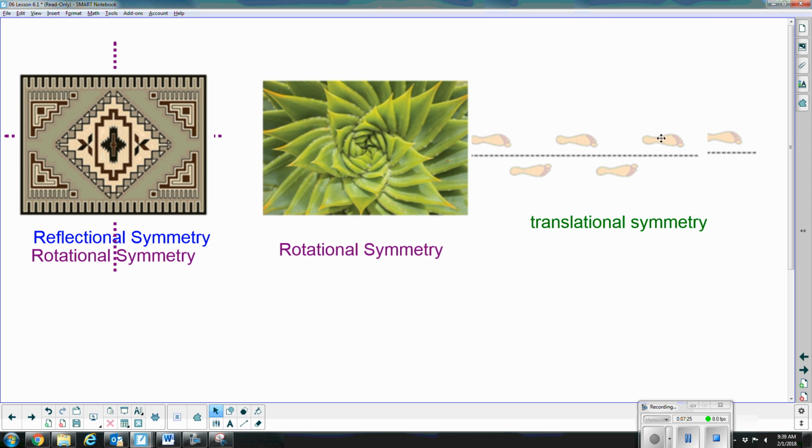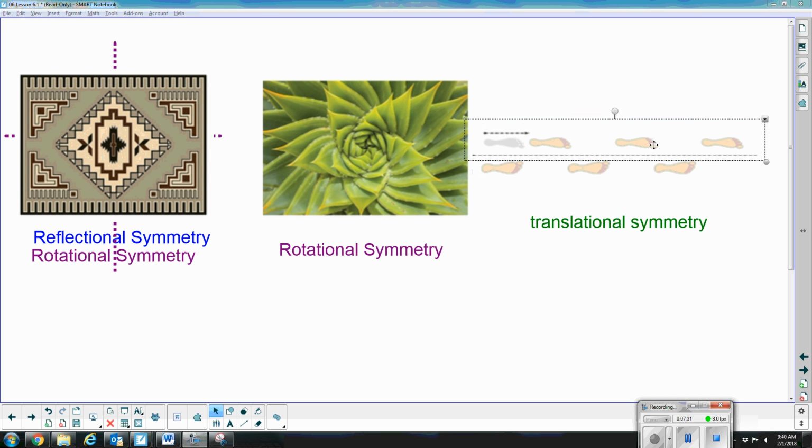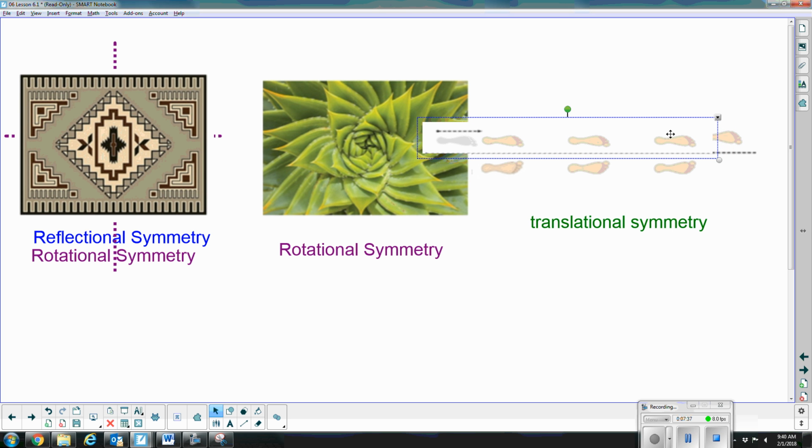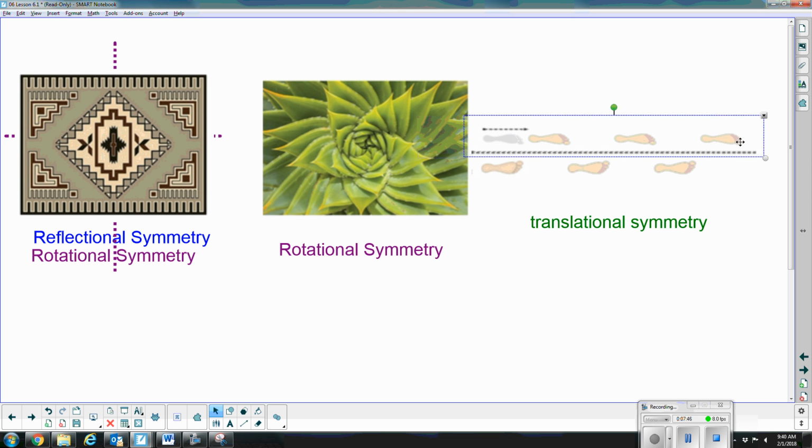As we translate this, and actually maybe I should just copy that top set. So as I slide this image, now it has reflectional symmetry. So a glide reflection is combining a translation with a reflection.